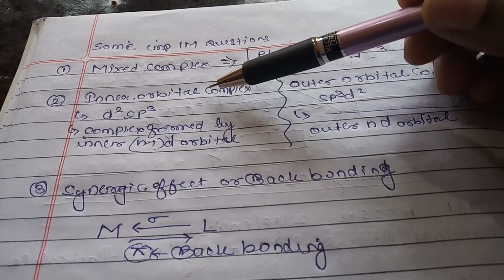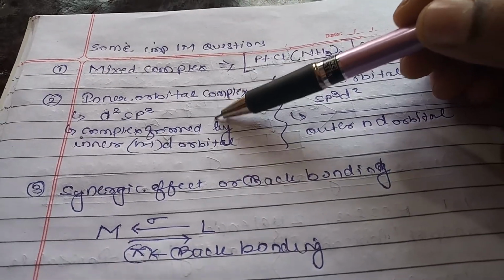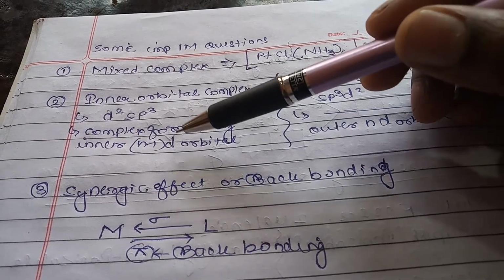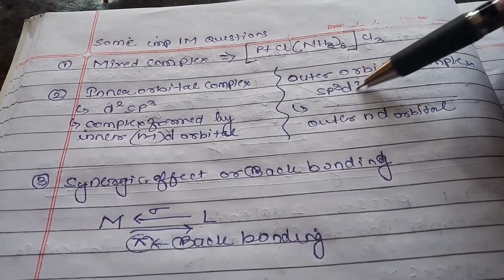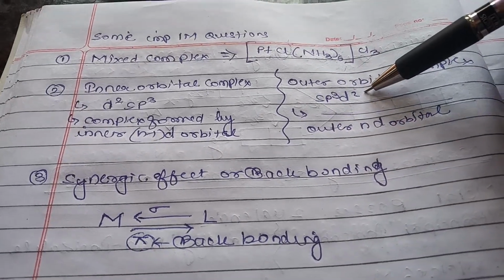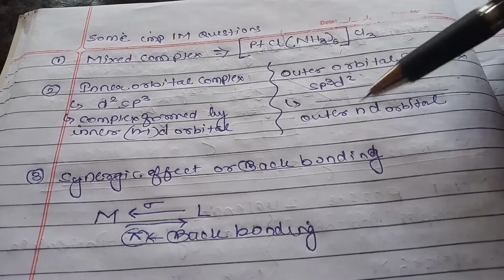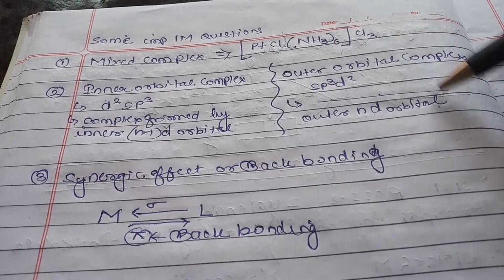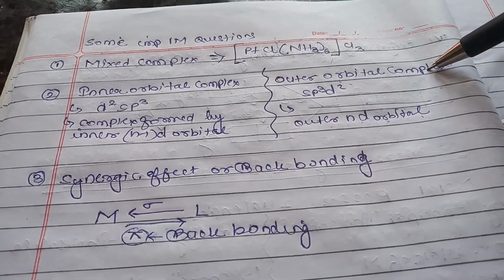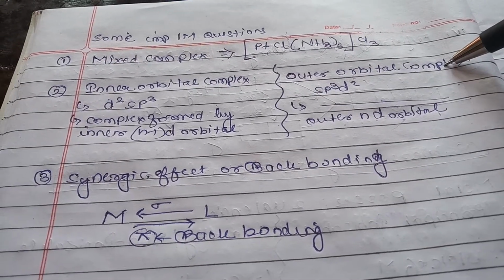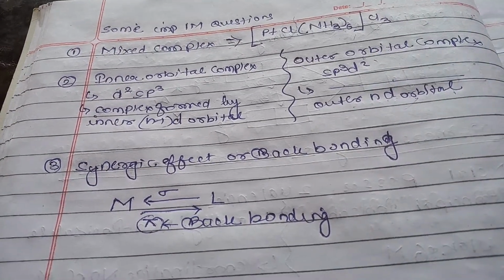In this condition, the complex is formed by filling of electrons in the inner (n-1)d orbital. Meanwhile, when d2 lies outside that of sp3, that is, the complex is formed by the outer nd orbital, then this complex is said to be what? Outer orbital complex. Okay, I feel this 1 mark question is also very clear to you all.